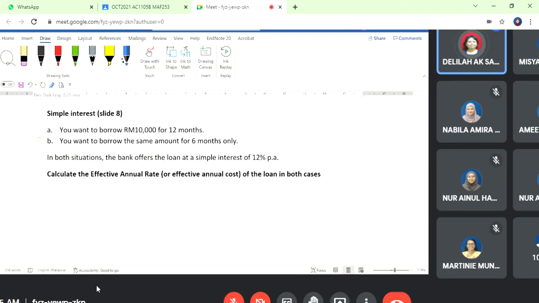When we calculate borrowings, the effective annual rate is always the interest over the amount received.